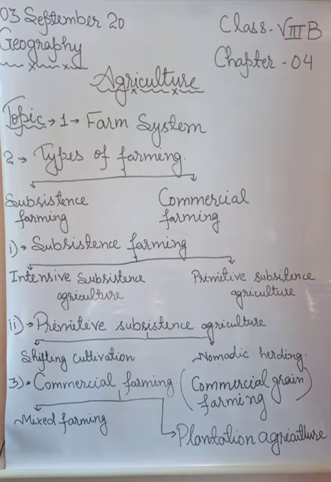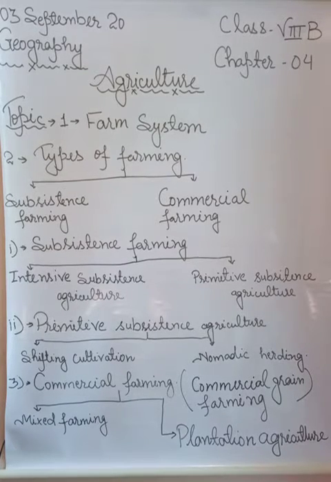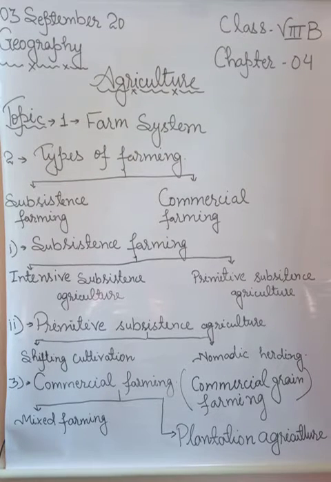So students, in this method, a plot of land is cleared by felling the trees, and after felling the trees, tribals burn them. The ashes are mixed with the soil and make the soil most fertile.